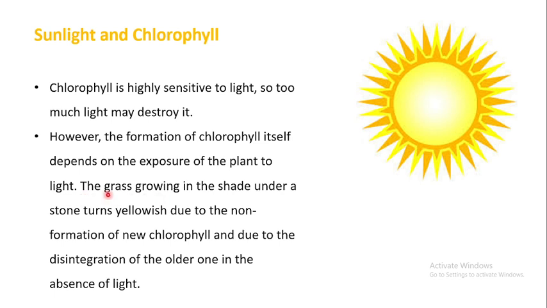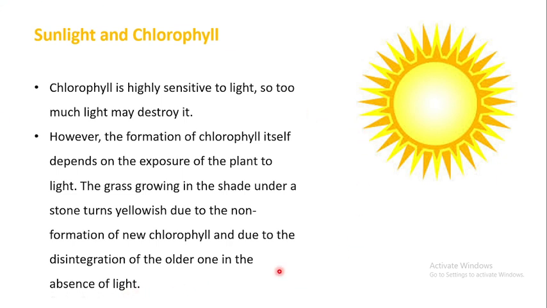The grass, now this is very important, look here very carefully children. The grass growing in the shade under a stone. Okay, so if there is a big stone and the grass is growing under the shade where the sunlight is not able to reach, okay, then that grass turns yellowish due to non-formation of new chlorophyll and due to disintegration of the older one in the absence of light.